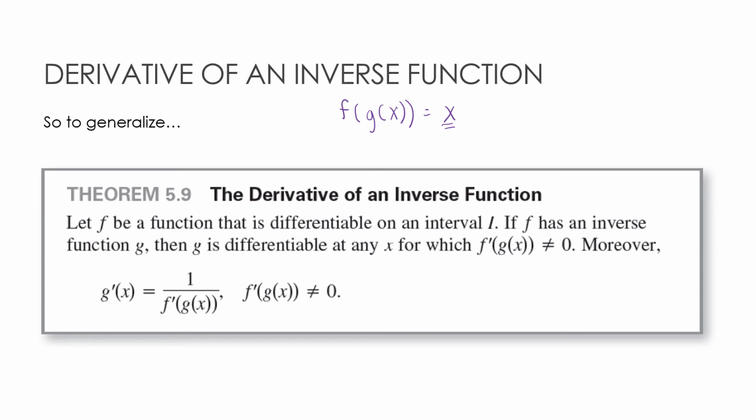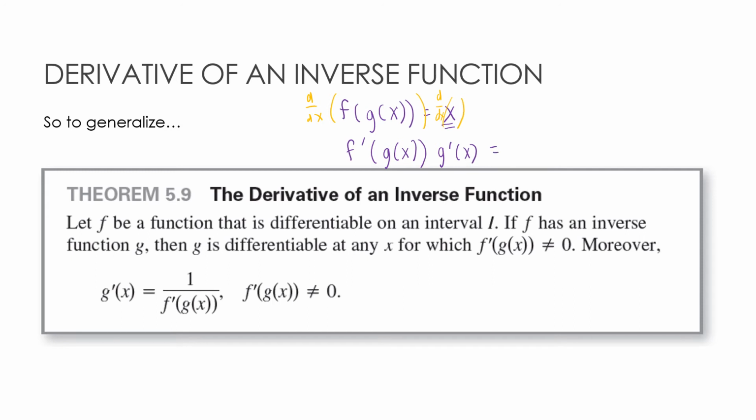Now what I want to do is think about, what if I took the derivative of this? Well, this is just chain rule. So f prime of g of x, I'm going to just take the derivative of each side. So the derivative of the left side gives me f prime of the original, and then chain rule says now take g prime.